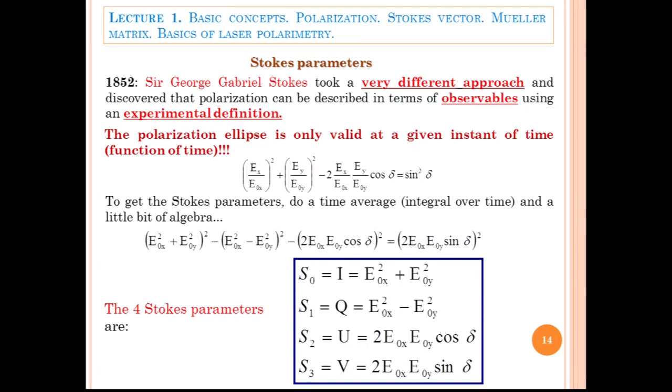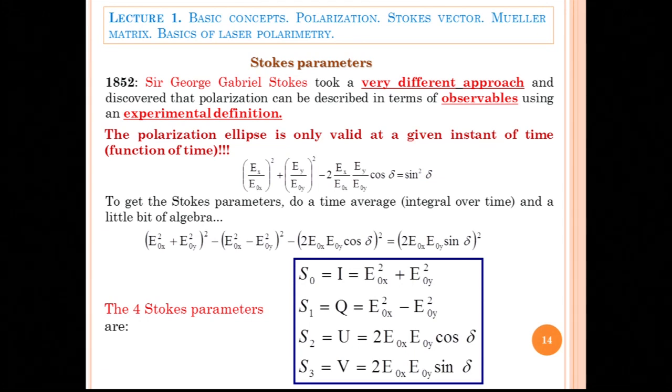So in early 1852, Sir George Gabriel Stokes took a very different approach and discovered that polarization can be described in terms of observables, using an experimental definition.